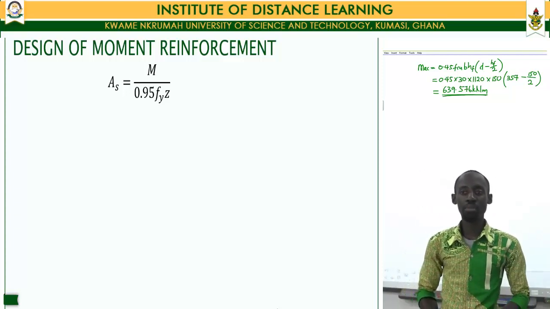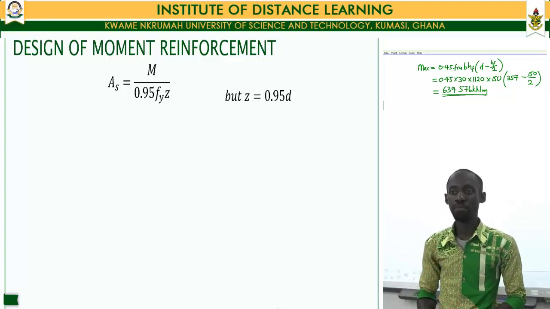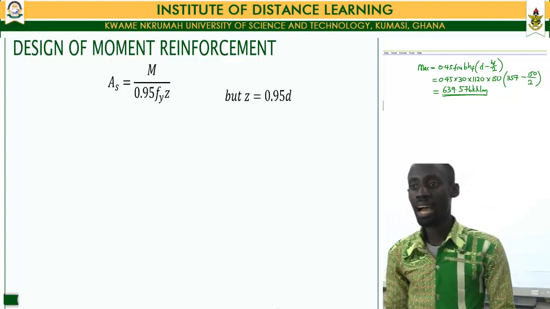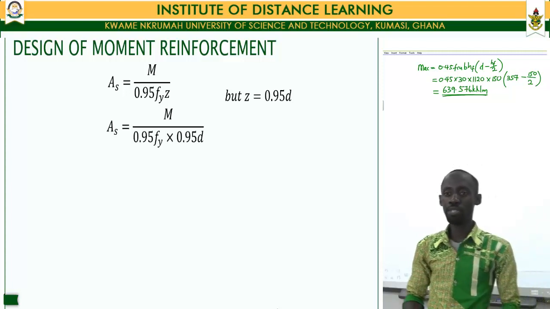But as stipulated by the code, our lever arm should not exceed 0.95 of our effective depth. So we equate our lever arm to what? The 0.95 of our effective depth, and we make use of that provision instead.